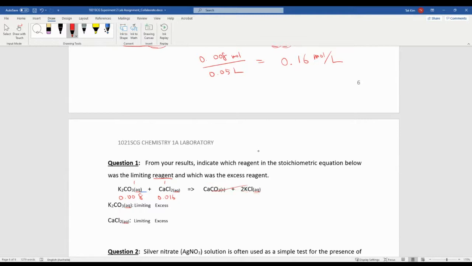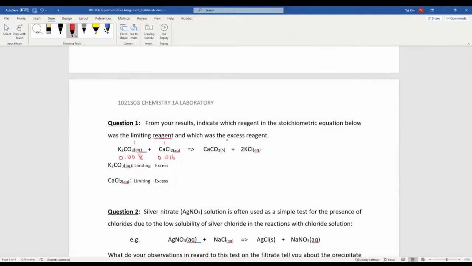So to complete this reaction, you need the same number of moles of each one, making the same number of moles of calcium carbonate plus twice the number of moles of your limiting reagent. So which one is the limiting reagent based on the number of moles?